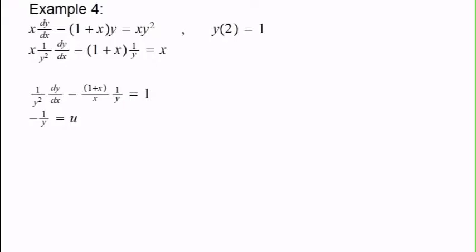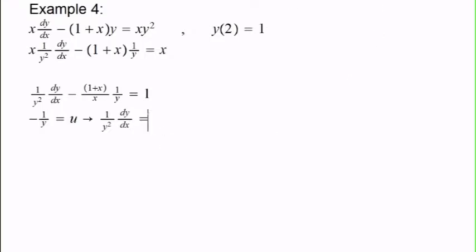So when we do that and relate the differentials, the derivative of negative 1 over y is 1 over y square. Then we have 1 over y dy dx is du dx.